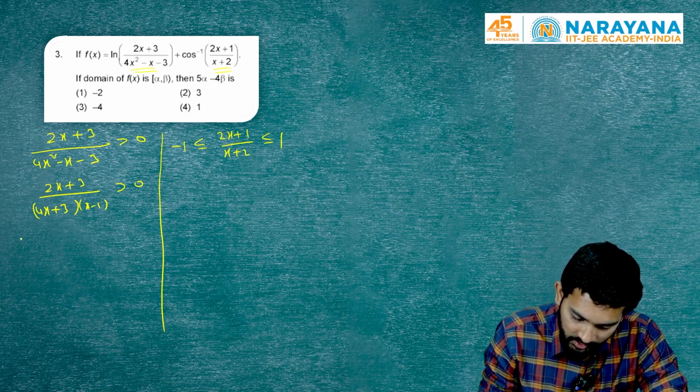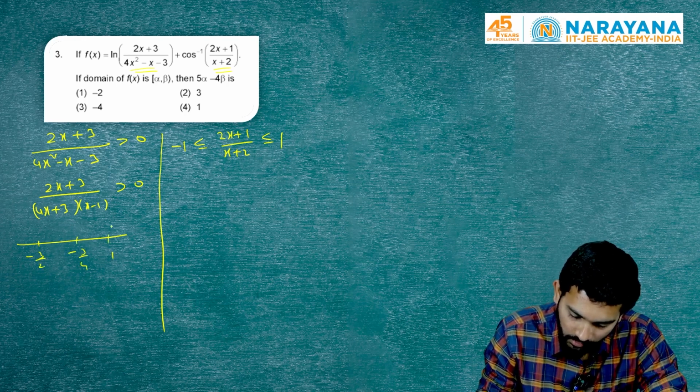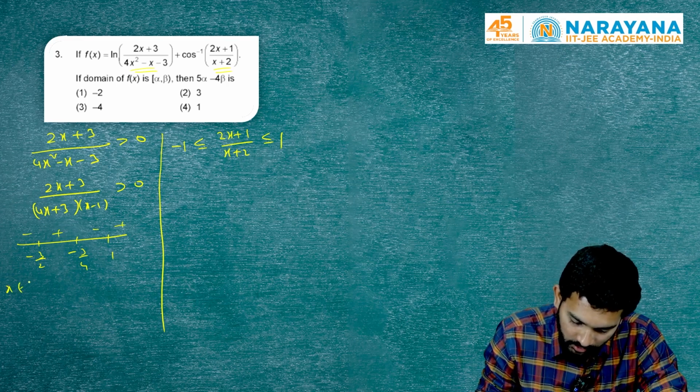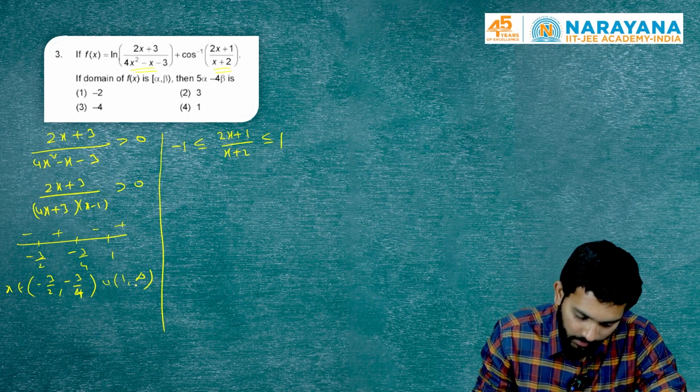So if I simplify this using the wavy curve, I'll get minus 3 by 2, minus 3 by 4 and 1. So plus, minus, plus, minus. We want positive. So x belongs to minus 3 by 2 to minus 3 by 4, open everywhere because it is strictly greater than 0, union 1 to infinity.